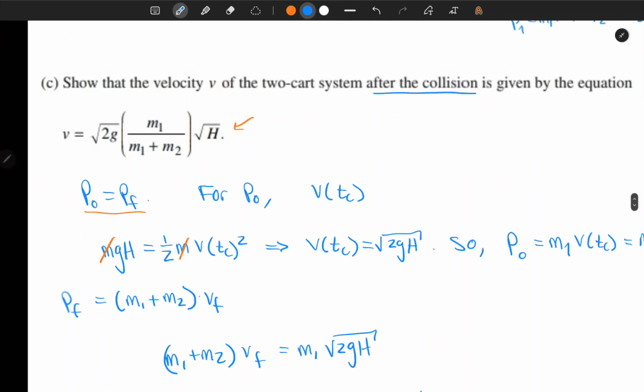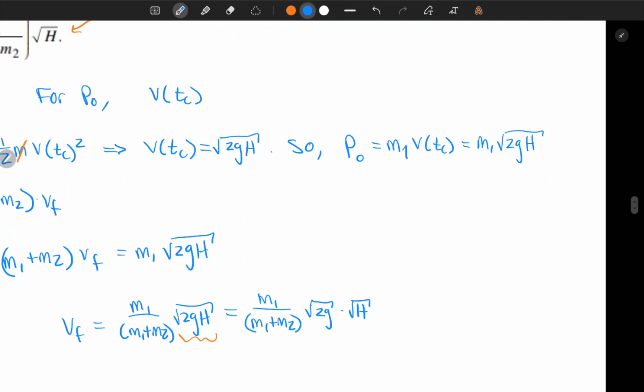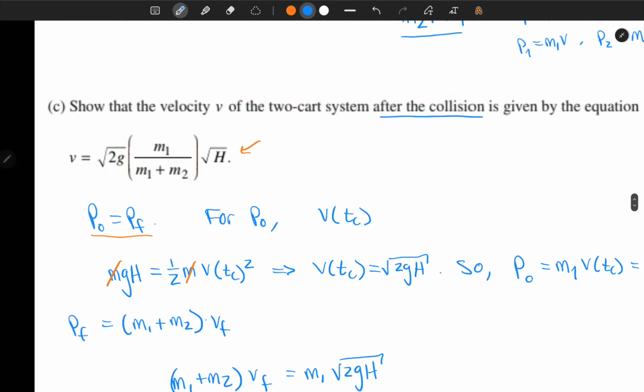And we can just move the square root of 2g to the left, and we get the square root of 2g times m1 divided by m1 plus m2 times the square root of h. So we have shown exactly what we wanted.